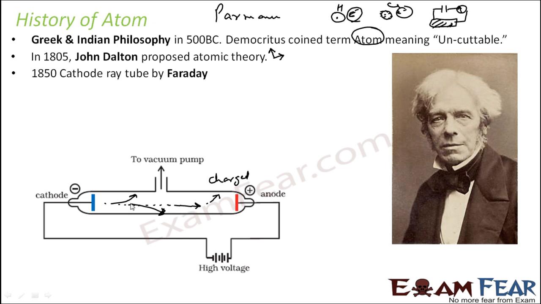So if this is the atom which we are seeing in the cathode ray tube, the property of this particle should vary based on the gas. But the observation was that the property of this particle, the deviation of this particle in the magnetic field, is all the same. You take any gas, that means this particle is something which is there in all the gases. It is there in hydrogen, it is there in chlorine, it is there in fluorine, right?